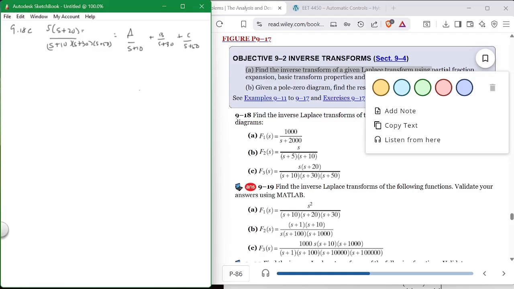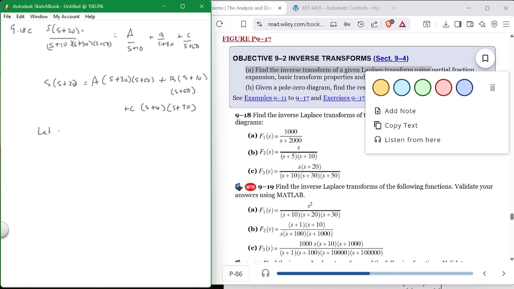Very good. Now, when you rewrite it, S times S plus 20 is equal to A times S plus 30 times S plus 50 plus B times S plus 10 times S plus 50 plus C times S plus 10 times S plus 30.